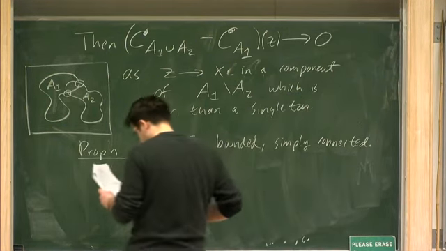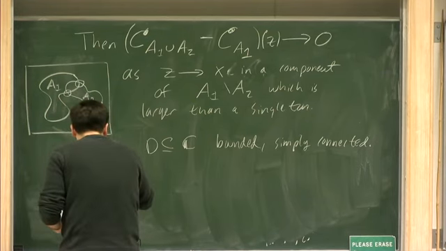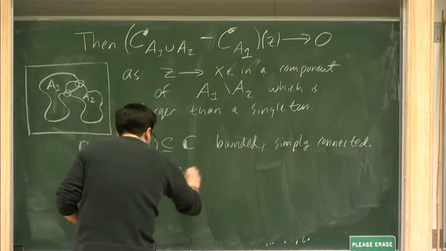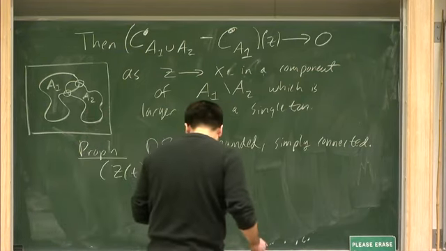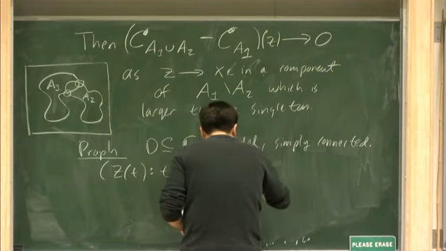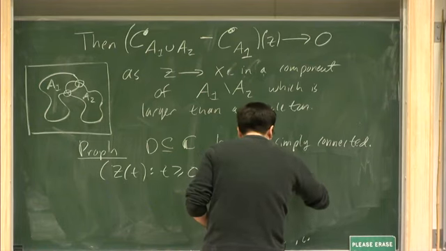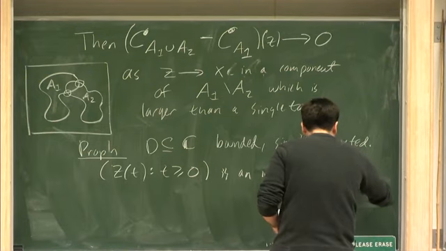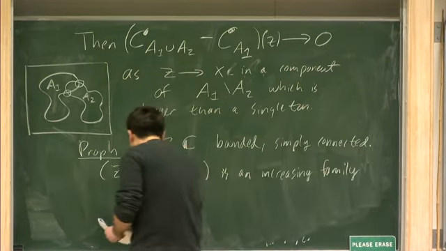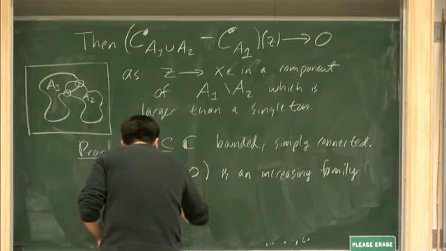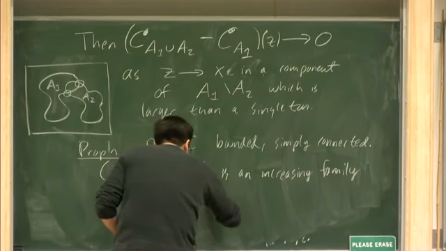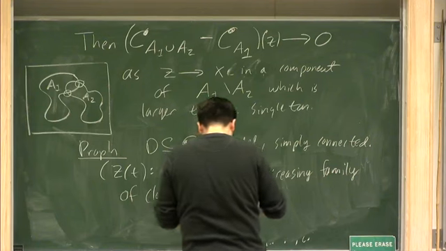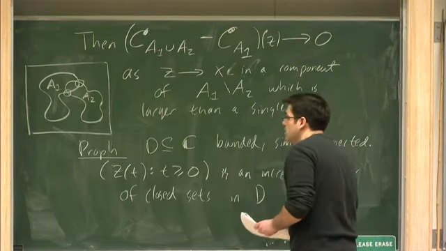And then I'm going to assume that Z sub t, for t greater than or equal to 0, is an increasing family of closed sets in D, and I'm going to assume that they satisfy two properties.